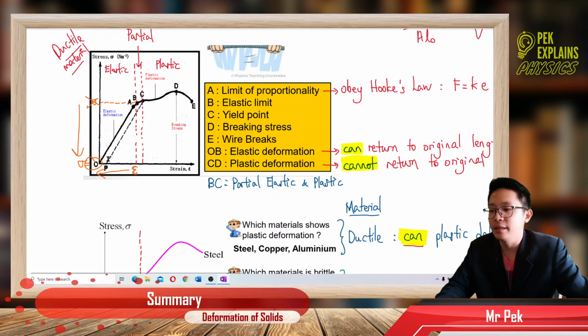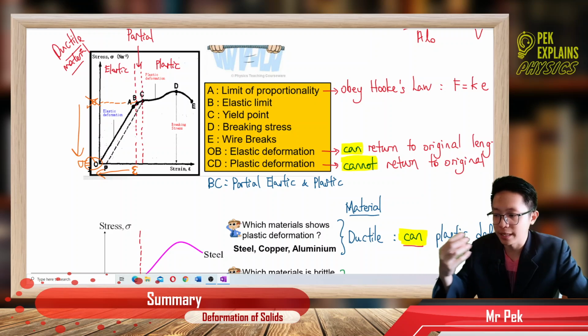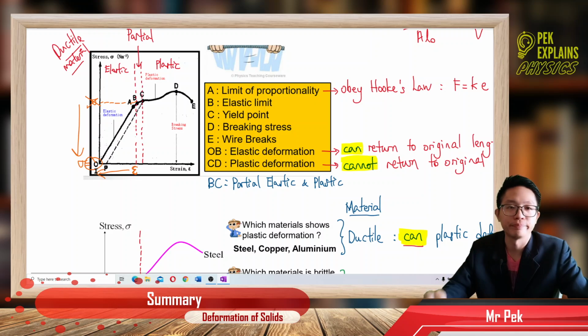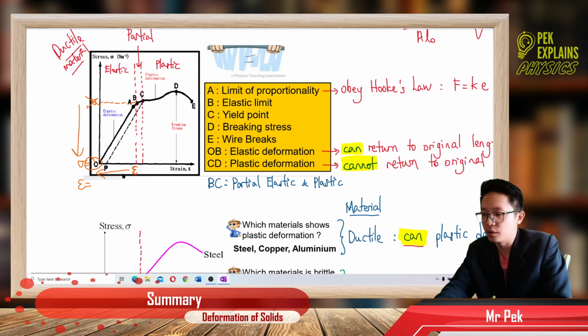That means basically, if you elongate the wire until the point B, when you release, the stress becomes zero and the graph will go back to zero because the strain goes back to zero.